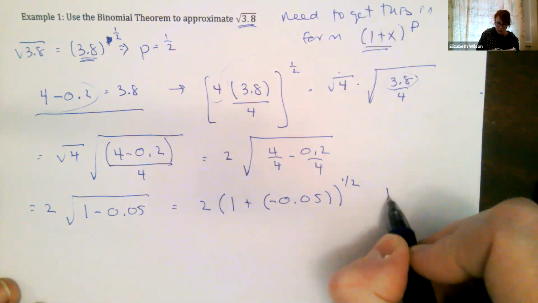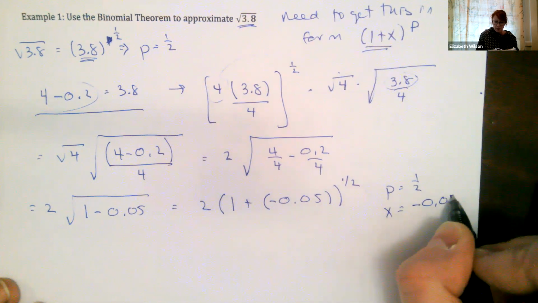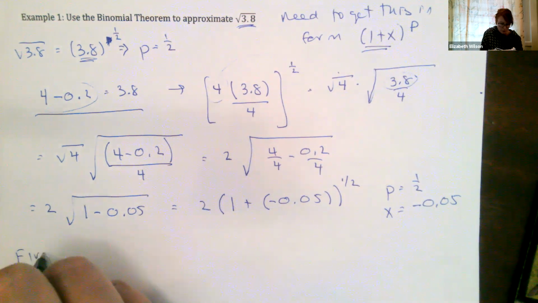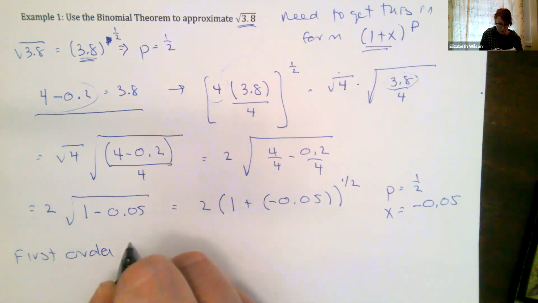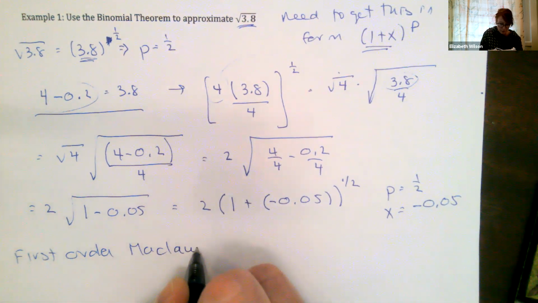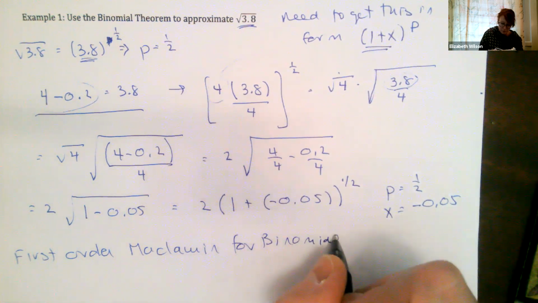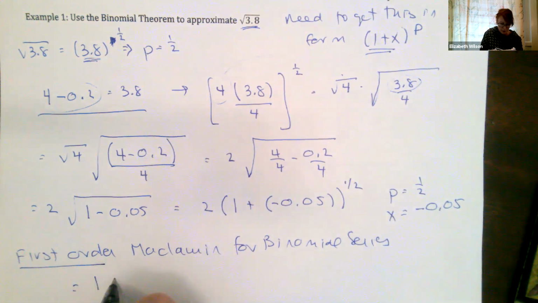So what I have is p equals 1/2 and x equals minus 0.05. Now I can put it into my (1 plus x) to the p format. So my first order Maclaurin for the binomial series is going to look like, we did it out before, 1 plus p times x.